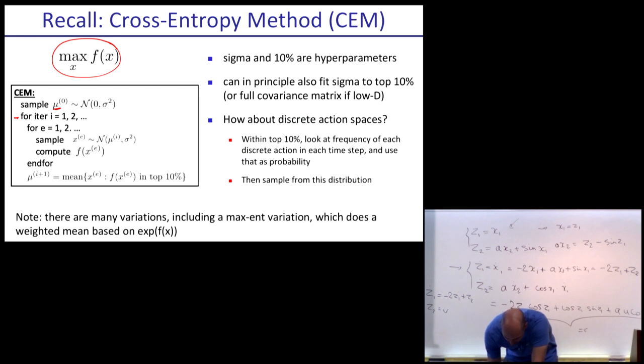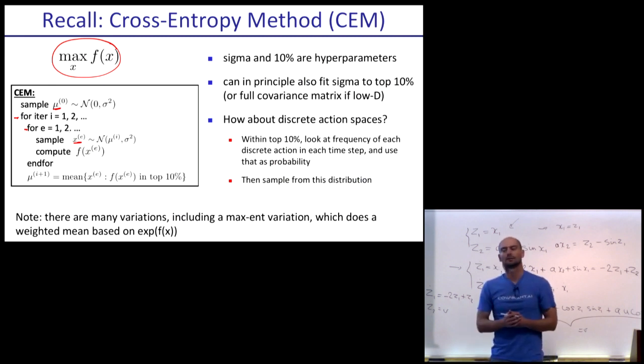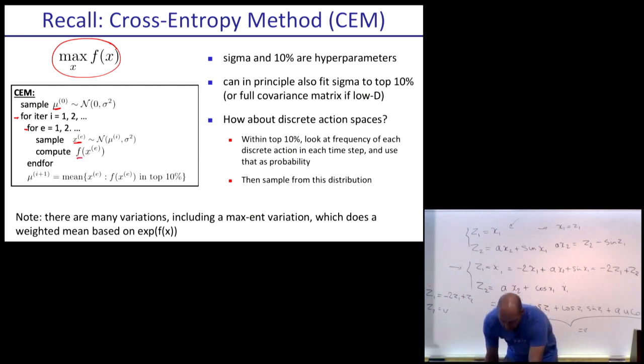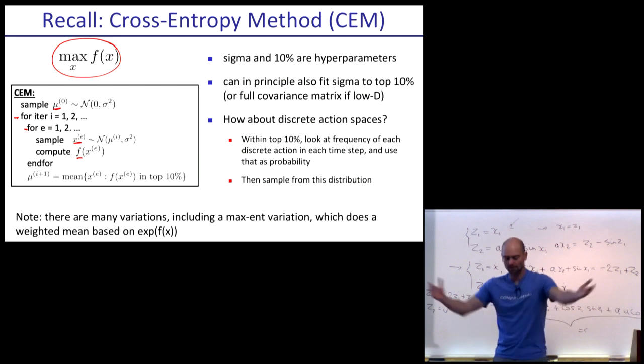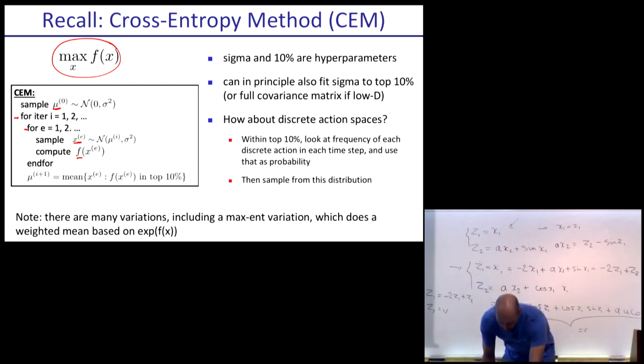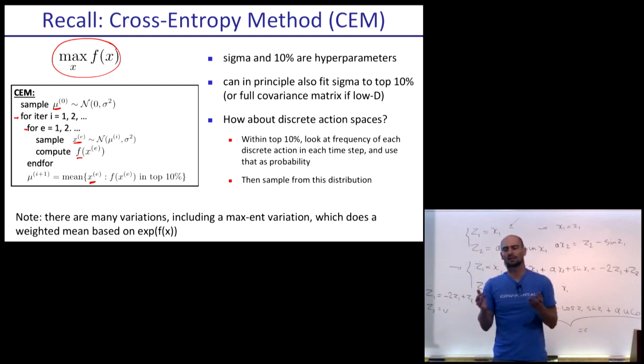Within each iteration, we sample x from our current Gaussian with current mean and some variance, let's say. We compute f of that x. And we'll compute a bunch of these pairs. And then once we've gotten a bunch of those pairs, we look at the average of the x's that were in the top 10%.